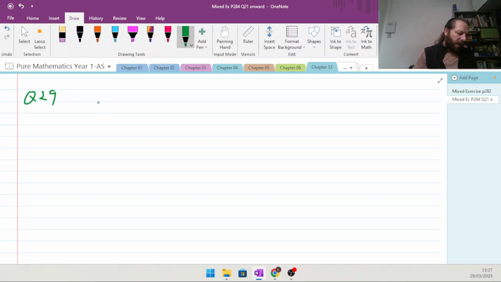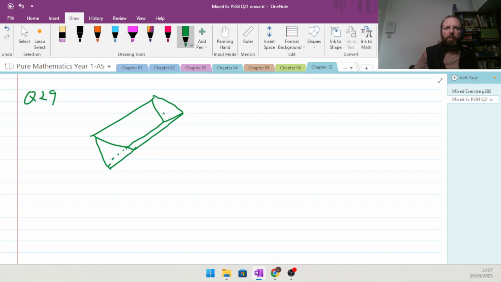So we have basically a trough sitting there like that. They have labeled it A, B, C, D, with E and F at the bottom.